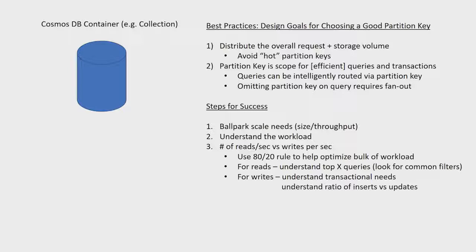And on top of that, because you're already doing this exercise, you also want to understand the ratio of insert requests versus update requests. Insert versus update actually has more to do with the object model and less to do with the partitioning, but you still want to think about that because it does have an impact on your design. Basically, if you have, let's say, a large unbounded array, and you have lots and lots of update requests that append to this array and grow this array, over time these update requests are going to get more and more costly.